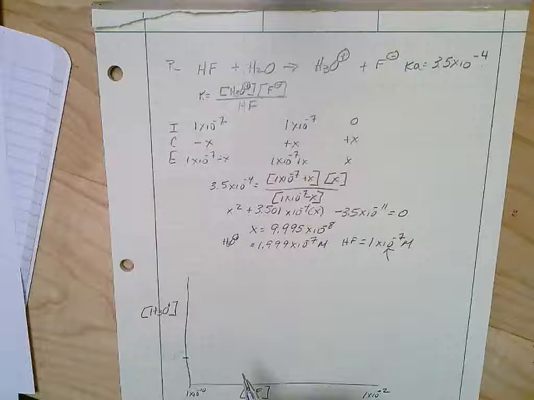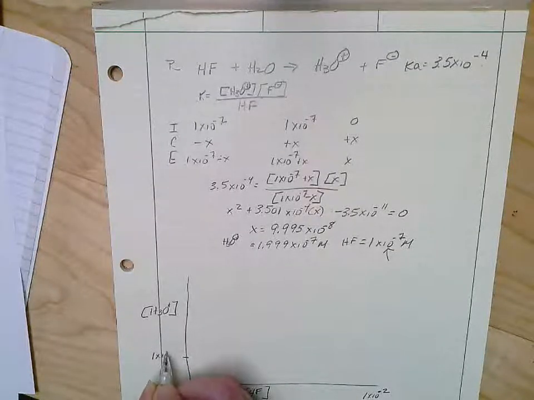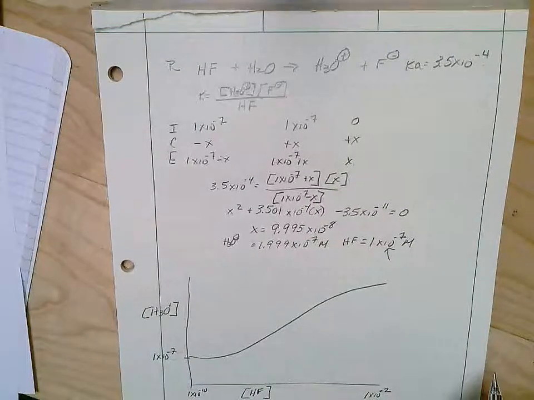And we did 1 times 10 to the negative 7th, which is somewhere around here. And we know below that it's going to be just the concentration of hydronium ions in water. So this would be 1 times 10 to the negative 7th. And so it's going to look something like that.